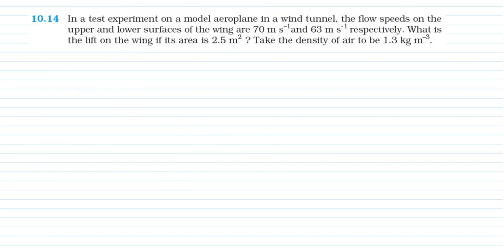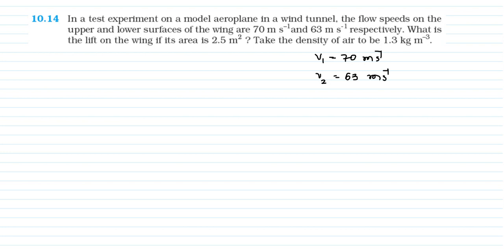Next sum, in a test experiment of a model aeroplane in a wind tunnel, the flow speeds on the upper and the lower surface of the wing are 70 meter per second and 63 meter per second. That is, here you can say V1 is equal to 70 meter per second, V2 is 63 meter per second.